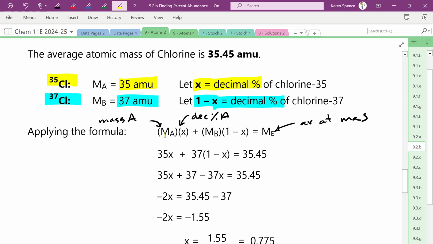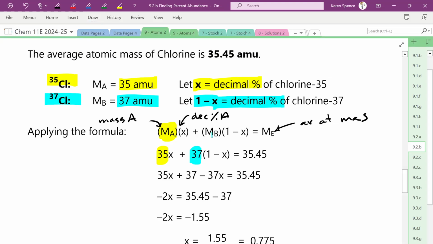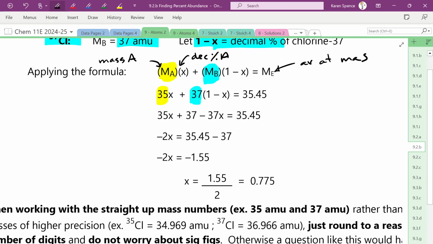Plug in 35 for the mass of A, plug in 37 for the mass of B. Algebra, algebra, algebra. You end up with X equal to 0.775.